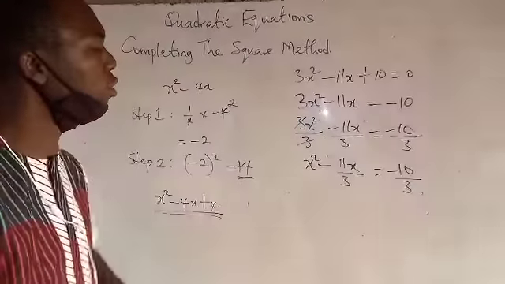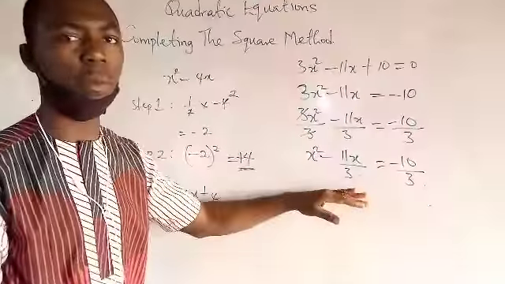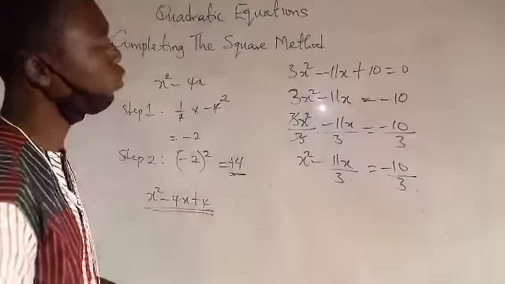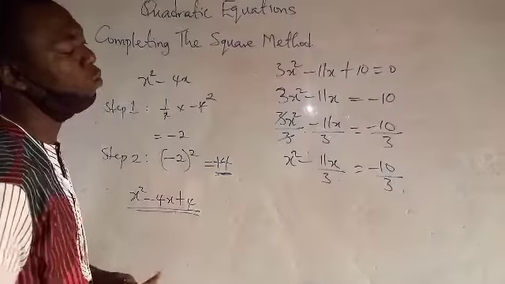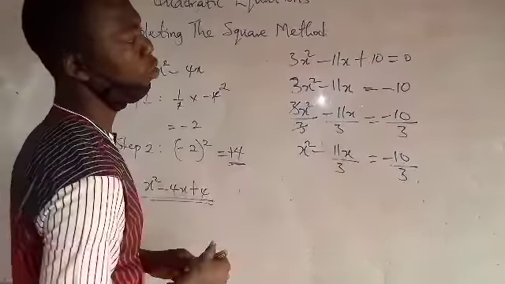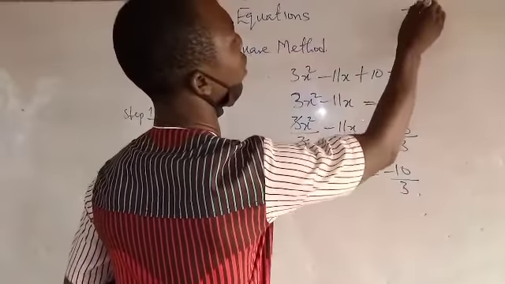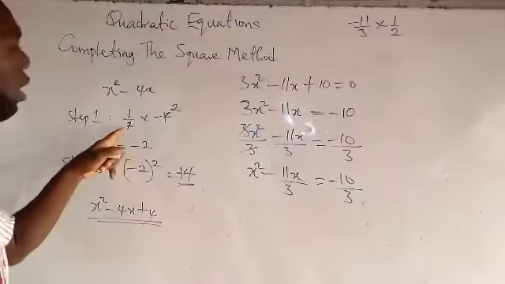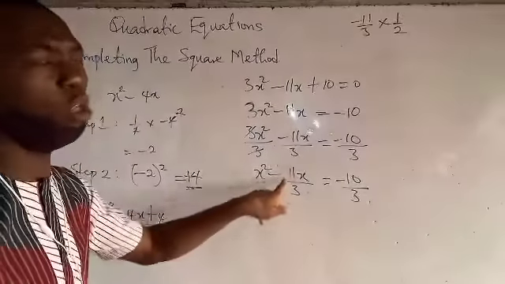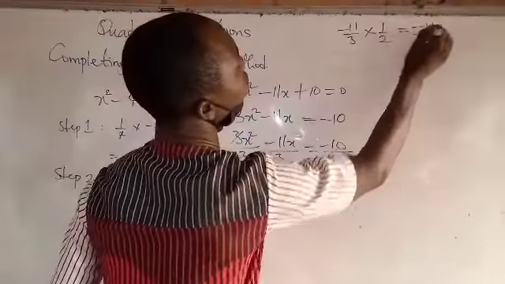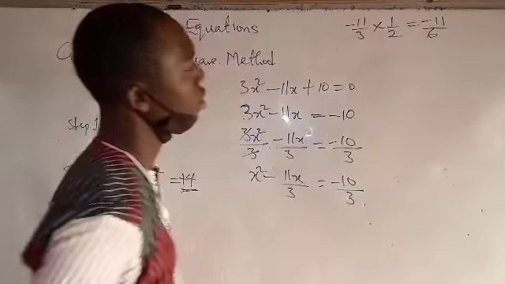So now the next thing is to make the left hand side a perfect square, which is what we explained earlier. We look for the coefficient of the unsquared letter, which is minus 11 over 3. We multiply it by 1 over 2, like we did earlier. So we have minus 11 over 6.